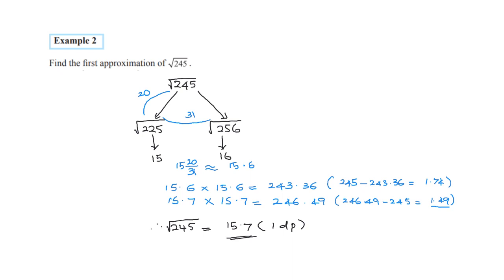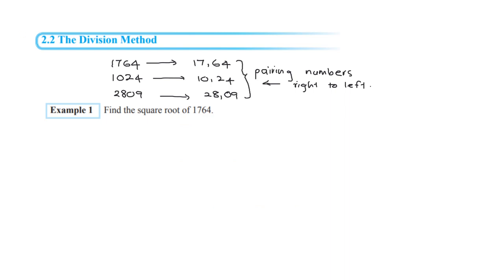Now you can try exercise 2.1. Today's topic is 2.2, the division method. This is a special method. We can find the square root of any positive number. Here we pair the numbers from the digit place towards the left, like this.